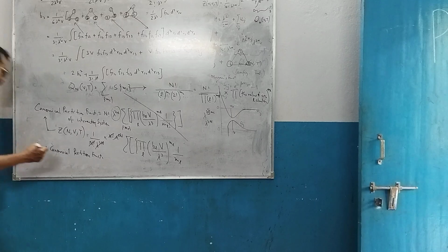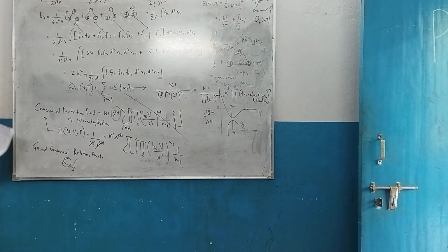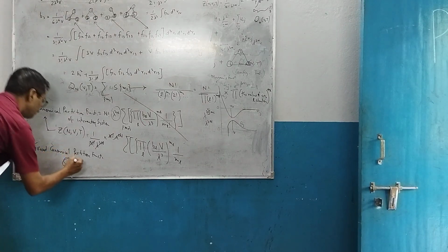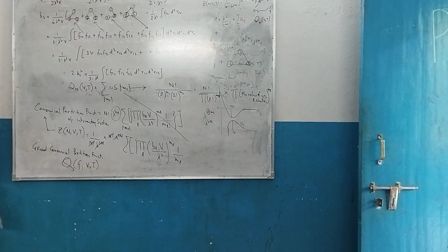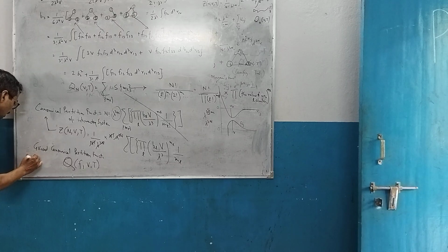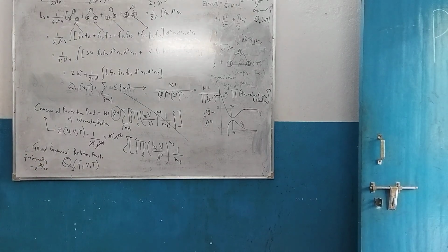You write the grand canonical partition function as a function of f, V, T, or mu, V, T, where f is the fugacity. You remember fugacity, which was equal to e to the power mu by kT.